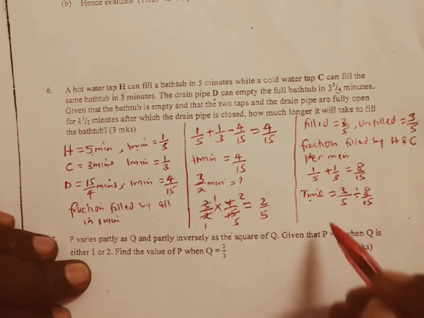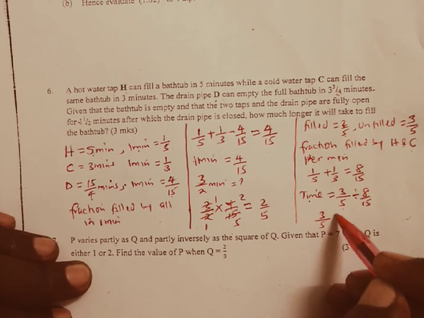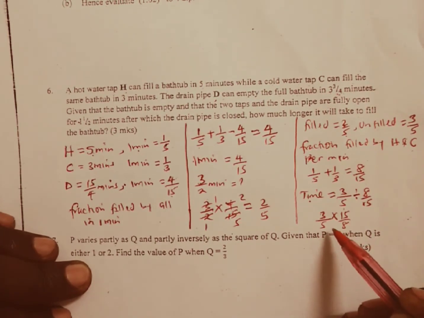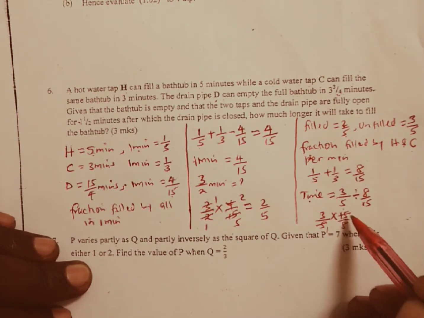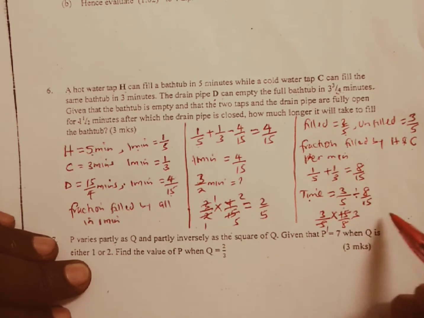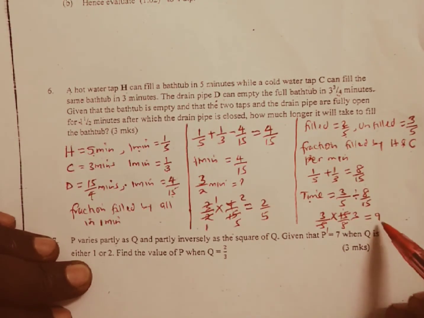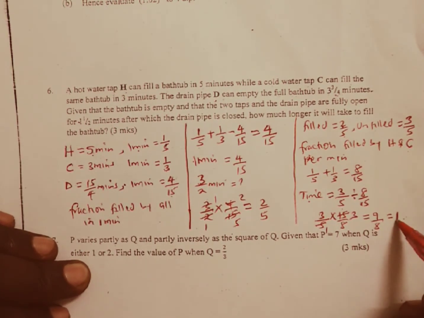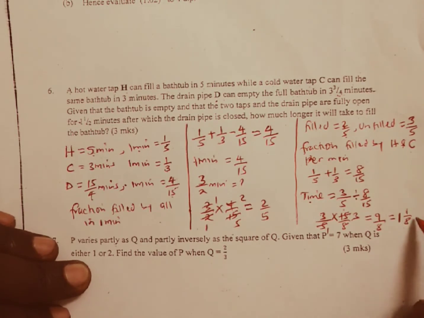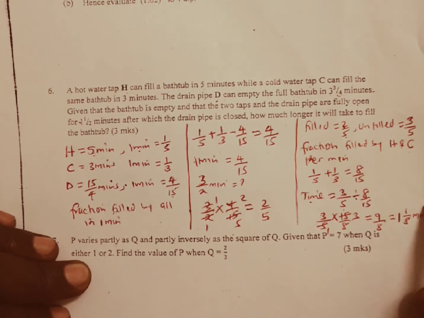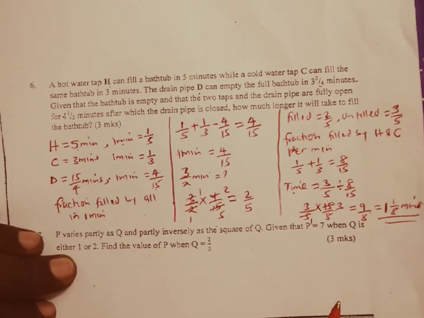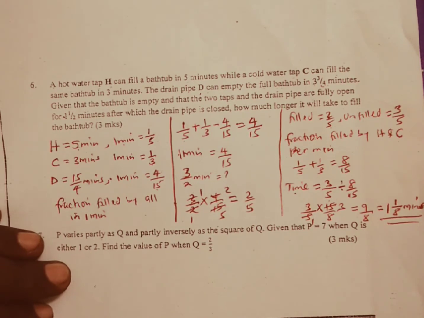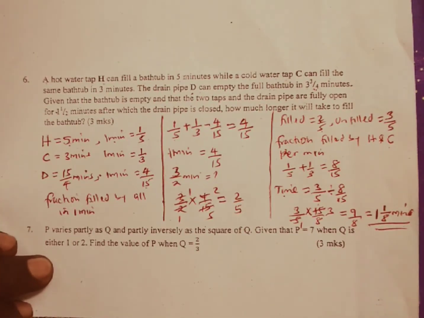This is equal to 3 over 5 multiplied by 15 over 8. 5 goes into 5 once, and into 15 3 times, and this is equal to 9 over 8, which is the same as 1 and 1 over 8 minutes. So the answer is 1 and 1 over 8 minutes. That is how that question is supposed to be done.